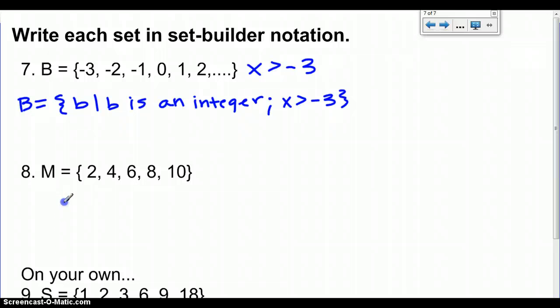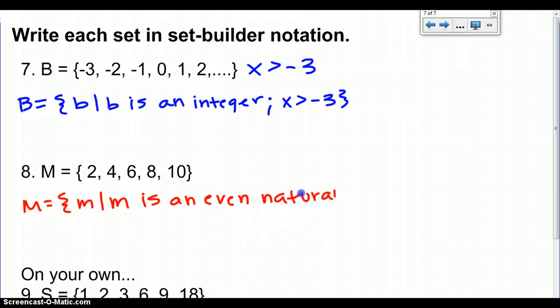For number 8, we're going to have m is equal to our bracket, and let's define our variable of m, and then we have m is a, and if you look back, our counting numbers one is natural number, so m is a natural number, but we also have one more thing, it's only the even numbers, so m is an even natural number.